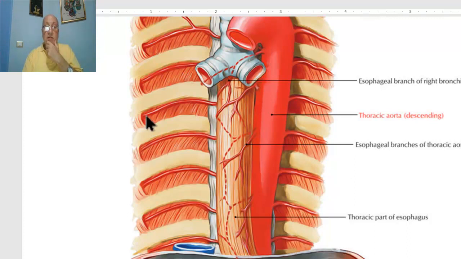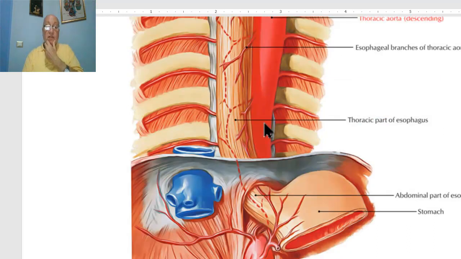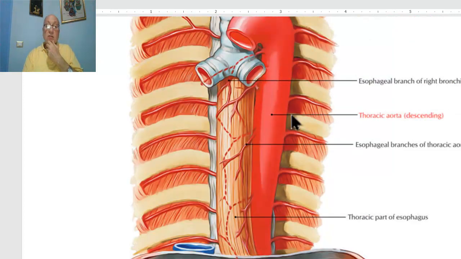In front of the esophagus here is the pericardium. Therefore, it gives pericardial branches. In front of the terminal part of the aorta, there is the diaphragm, gives diaphragmatic or phrenic branches. Sure, the aorta lies in the posterior mediastinum and sure gives mediastinal branches.